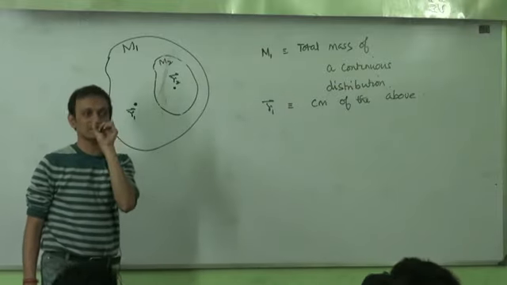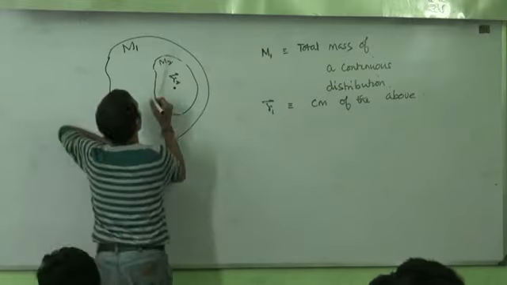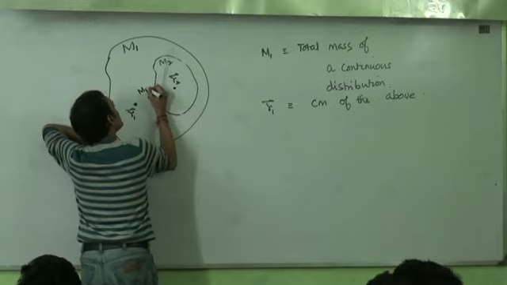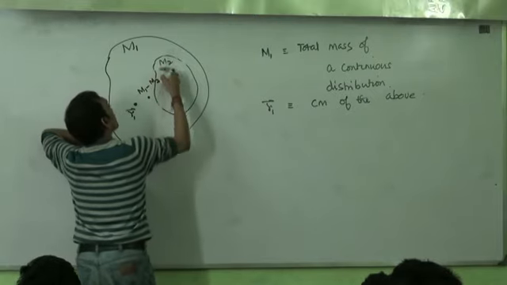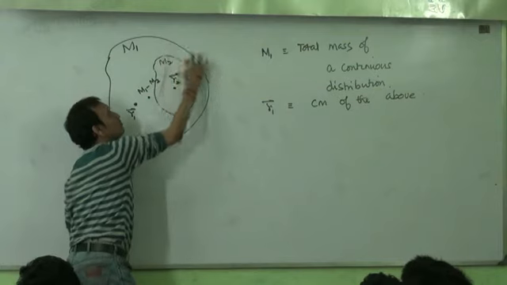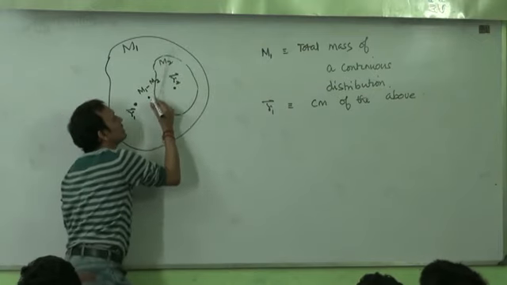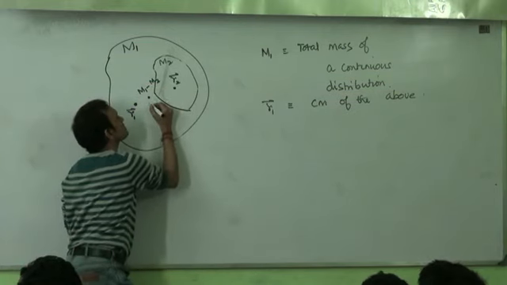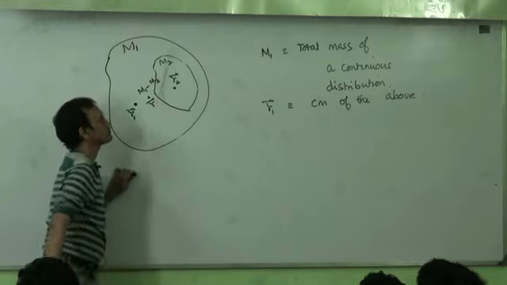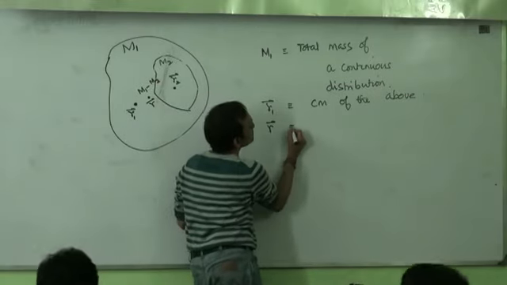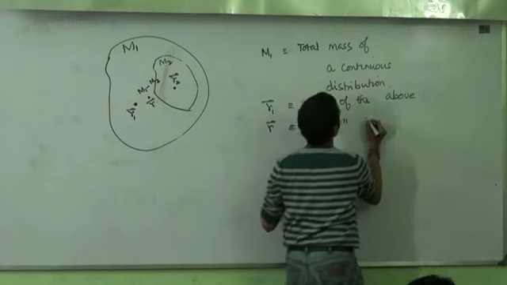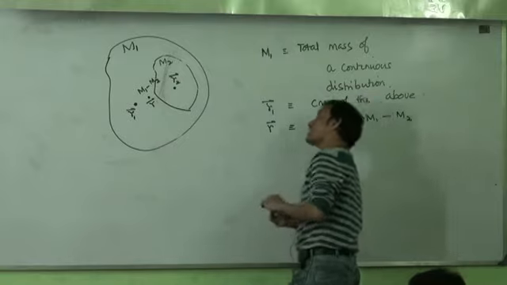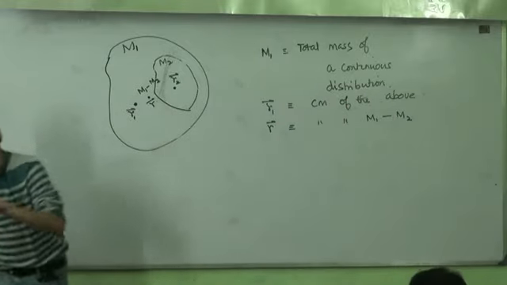Now think of it like this. The mass m1 minus m2 is what remains when I remove this. Let's say the center of mass of m1 minus m2 is R. R is the center of mass of m1 minus m2, whereas R2 is the center of mass of m2 alone.